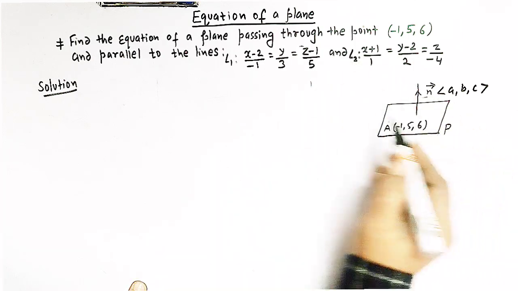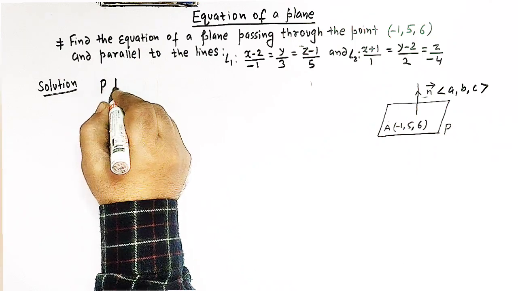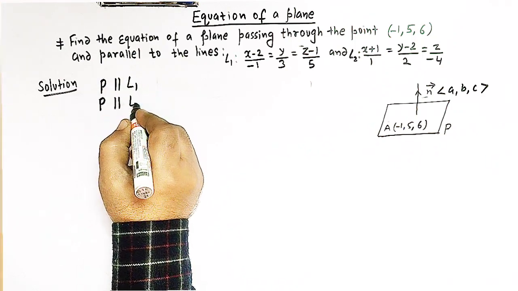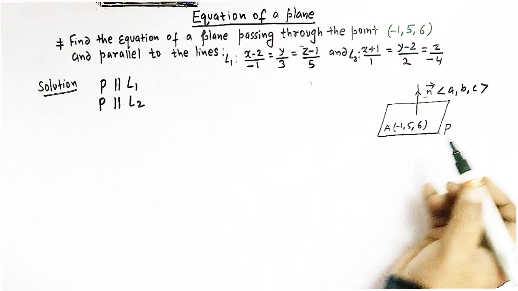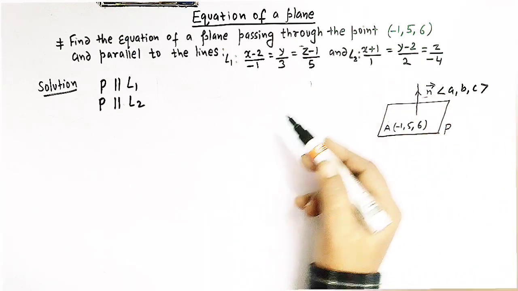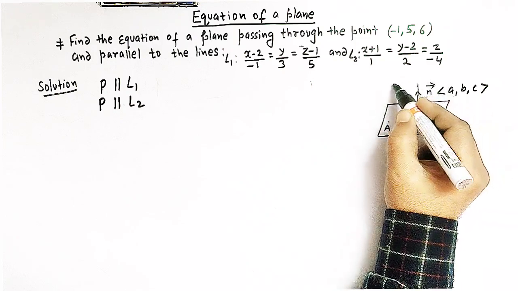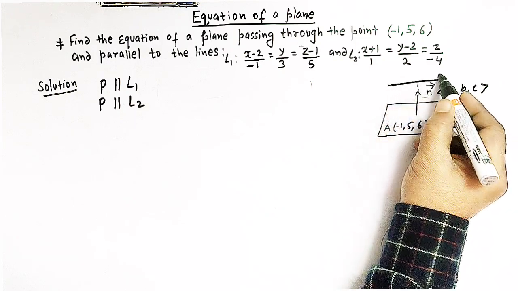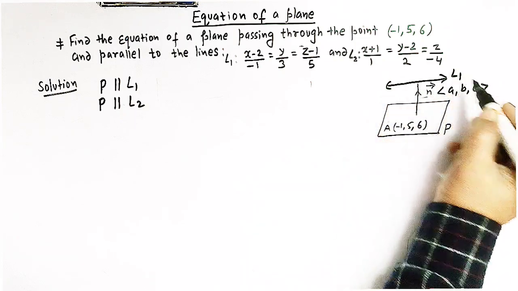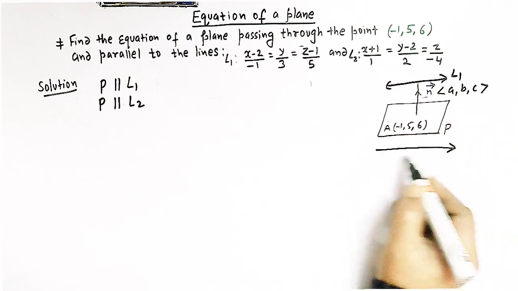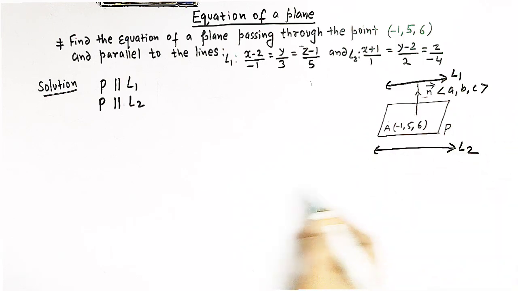The plane P is parallel to L1, and P is also parallel to L2. Here we are just drawing a rough diagram, so this is the line L1, and suppose here we have the line L2.